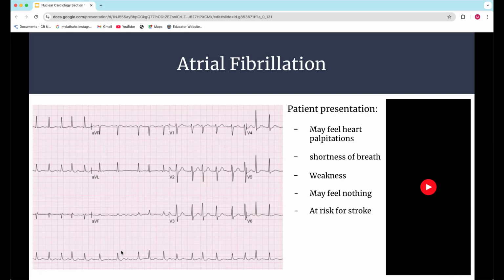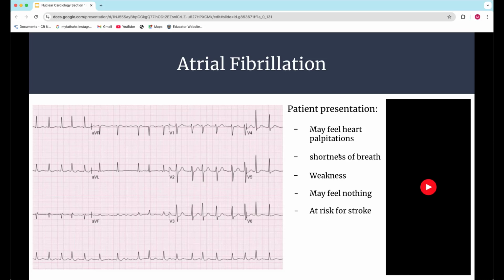But because it's not happening in a great rhythm, it's happening randomly, you're going to get this ventricular contraction that is irregularly irregular. Right? It doesn't happen in a regular way, and it's irregular. Not all of them even look the same. Some of them are a more powerful contraction, some of them are a weak contraction, and so irregularly irregular.